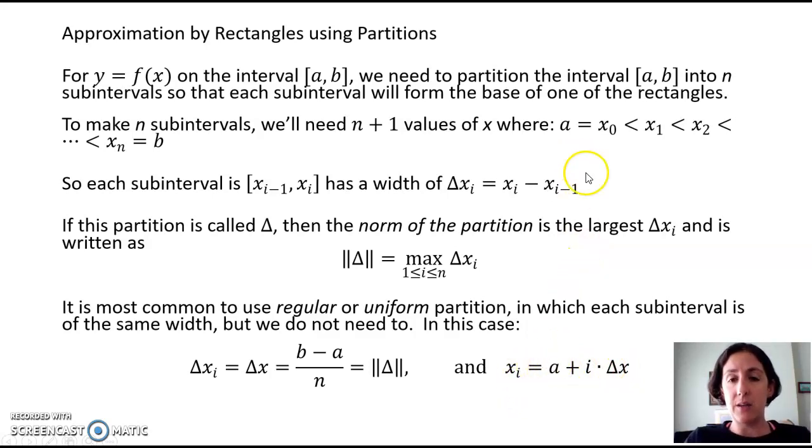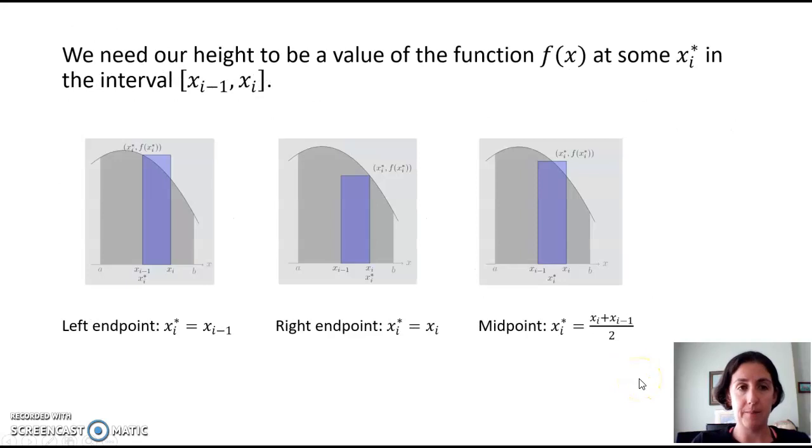And then for x1, starting at a, or x0, I would just add the width of that partition, and that would give me x1. Add another one, it would give me x2. Add another one, it would be x3. So x3 is 3 delta x's away from a. So it's starting at a and then going a plus 1, 2, 3 widths. So that's where this formula right here comes from.